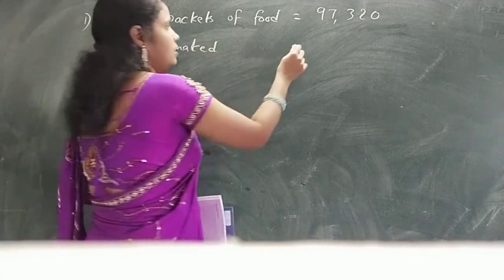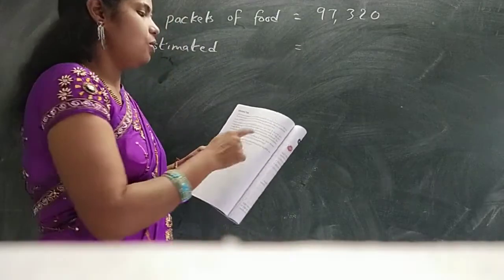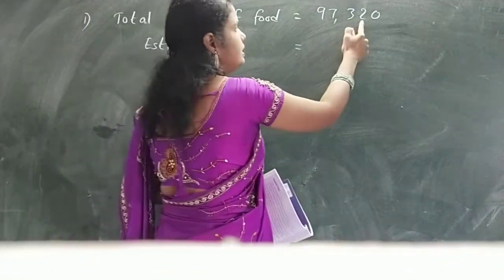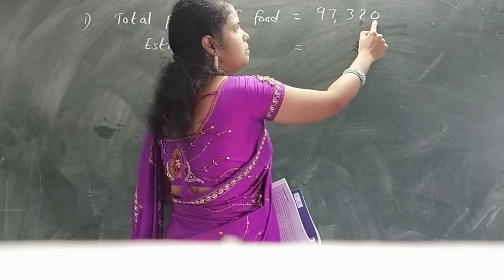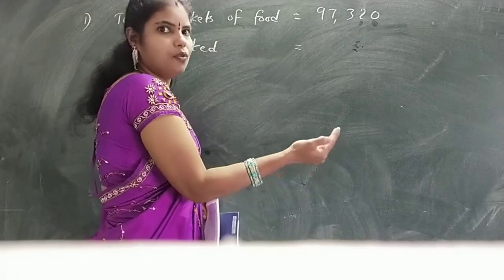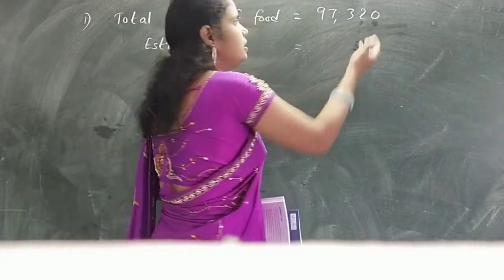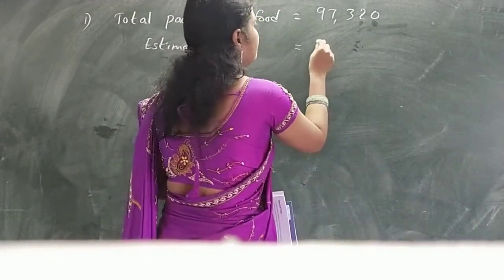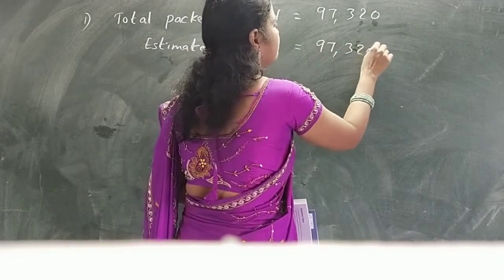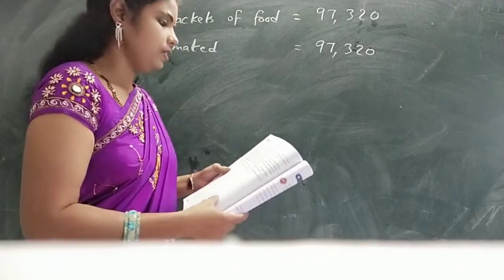Estimated, round off to the nearest tens. Nearest tens, that is here. The right side number is 0, so it is less than 5. So it will be 0 only. So 97,320. Okay. Next.